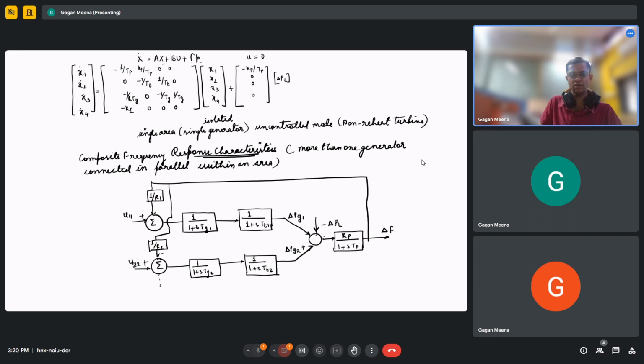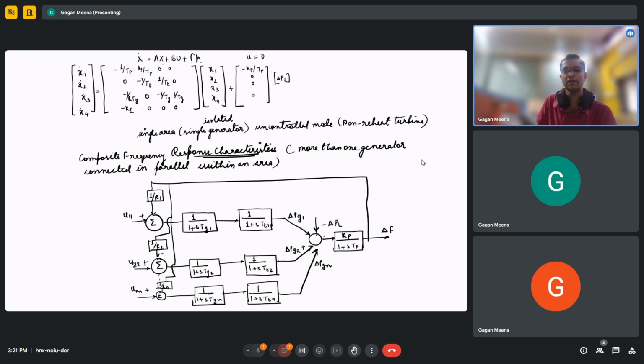Similarly, you can have the last one, nth. So it is 1 by Rn, here it is Un, 1 by 1 plus STGn, 1 by 1 plus STTn, and then we have delta PGn. In this way we have n generators here.